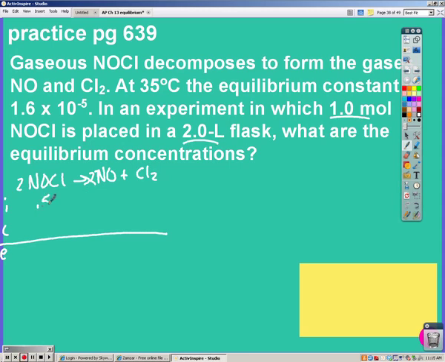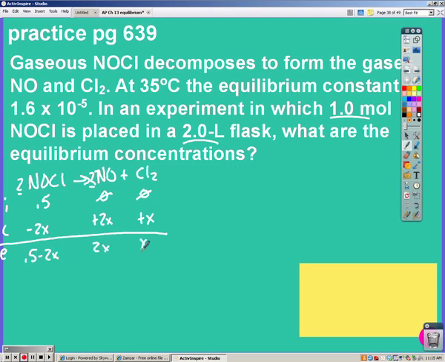We have 1 mole of NaOCl in a 2-liter flask, so that's 0.5, and we don't have any products. Our change is minus 2x, plus 2x, and plus x. Again, products are plus, reactants are minus.